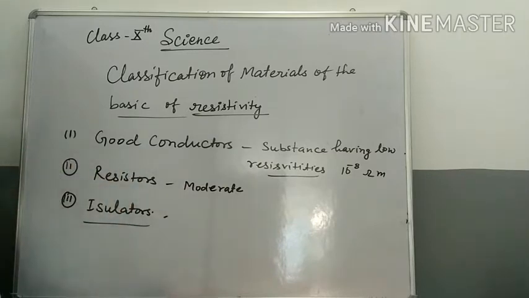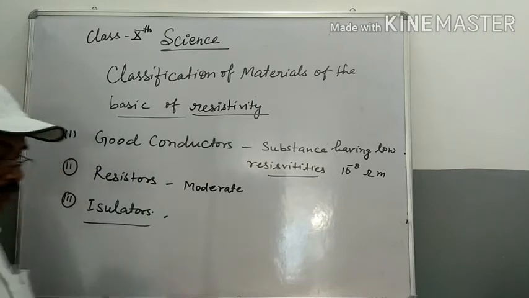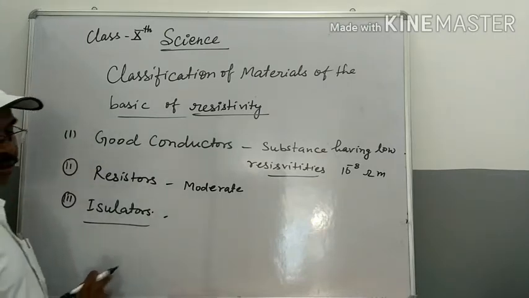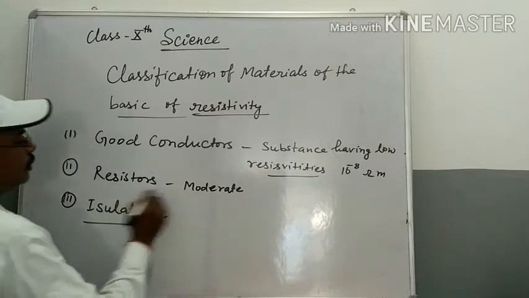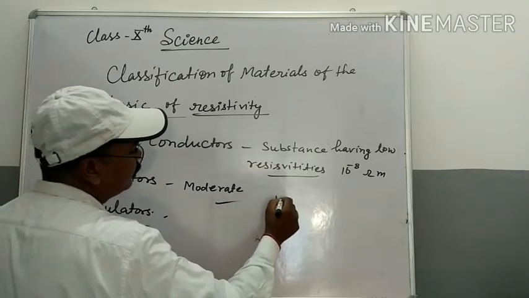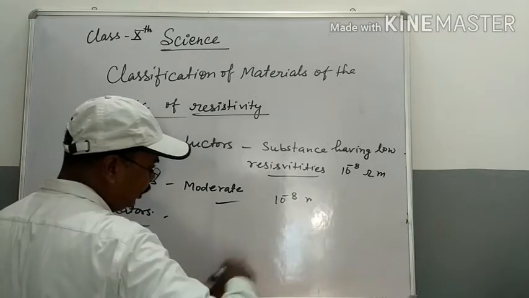Students, in an electric bulb, tungsten is used for the filament because its melting point is very high. It means the resistivity is moderate, in the range of 10 to the power minus 8 ohm meter.